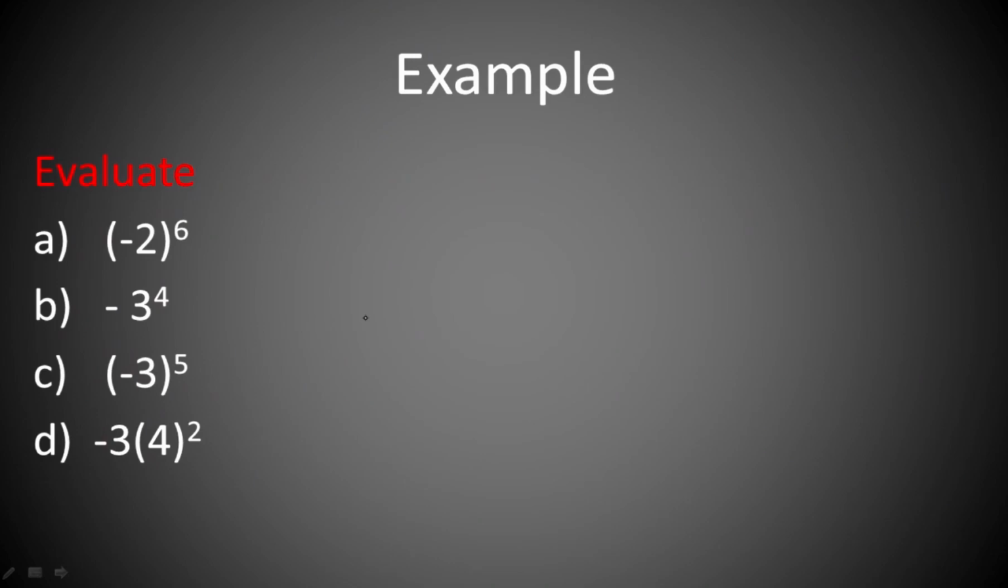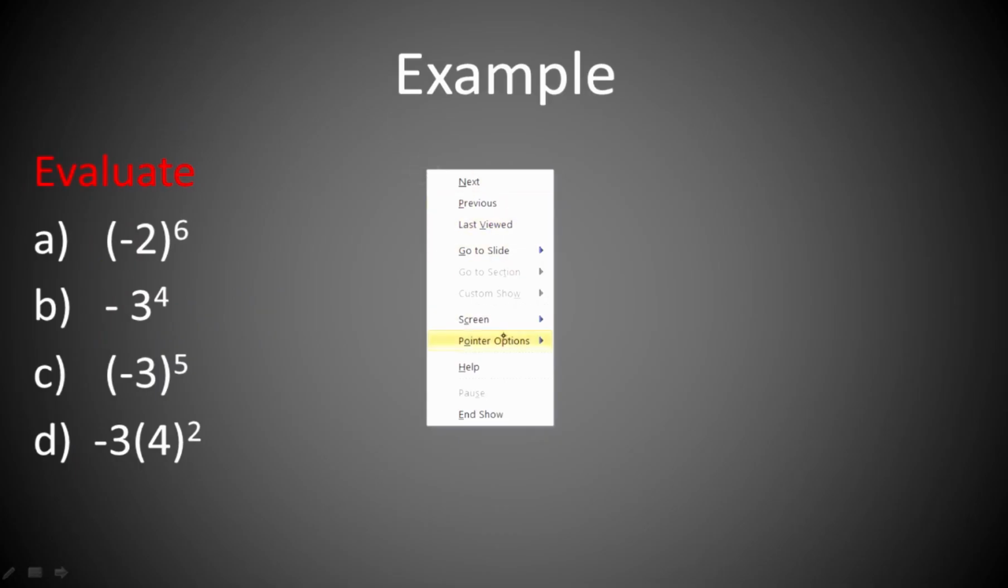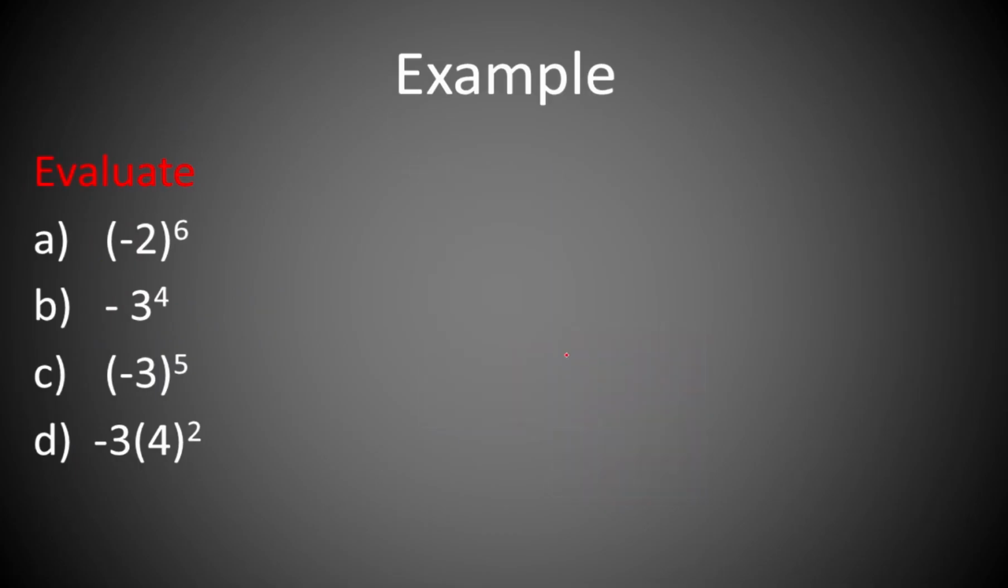Let's see a practical example of how to evaluate. For the first example, evaluate negative 2 to the power of 6. This means we need to multiply the number negative 2 how many times? 6 times. Don't forget that since the exponent is even, we multiply this base 6 times.